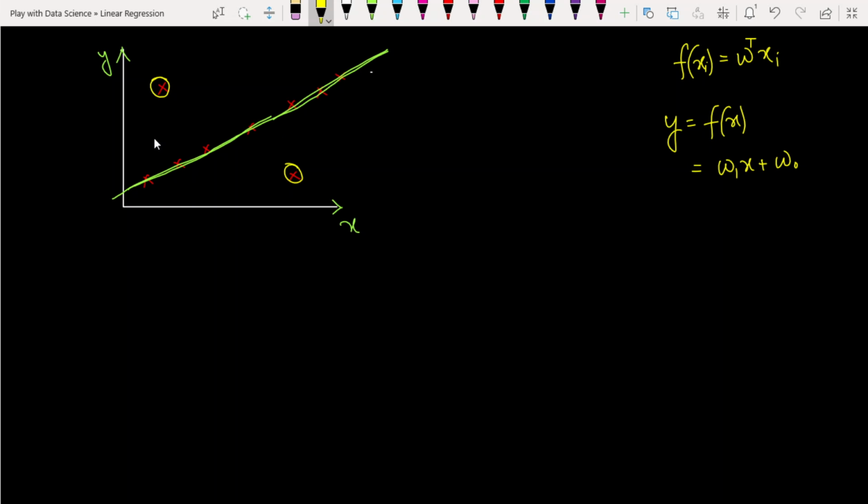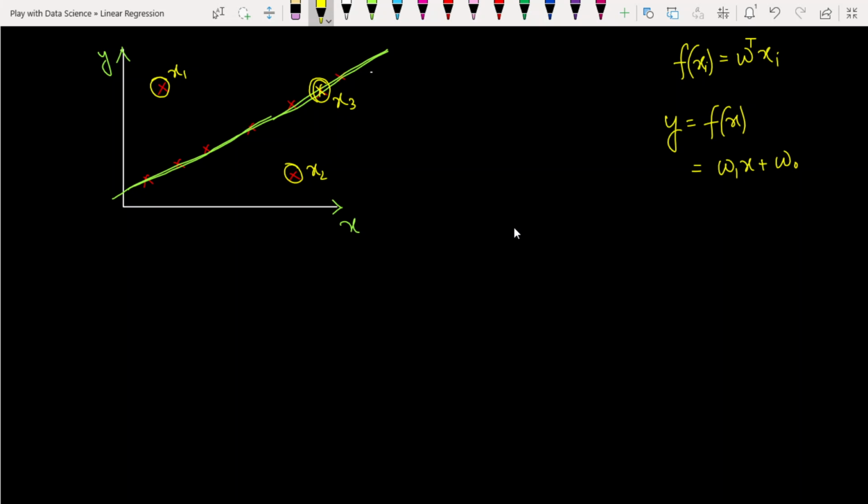So let's take this as our x1 data, this as our x2 data, and suppose these are well fitted. Let's take any one of these. Suppose we take this one, which is well fitted to our plane. Let's take this as our x3 data. So what will be the output of x1 data?